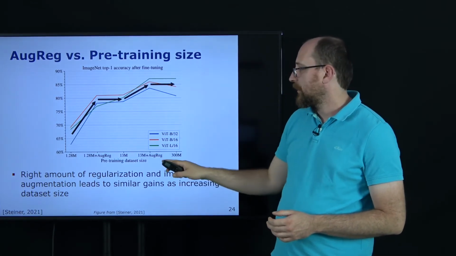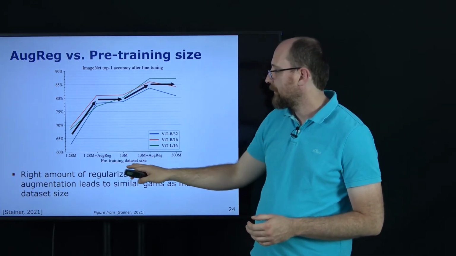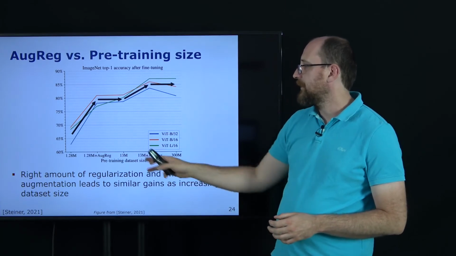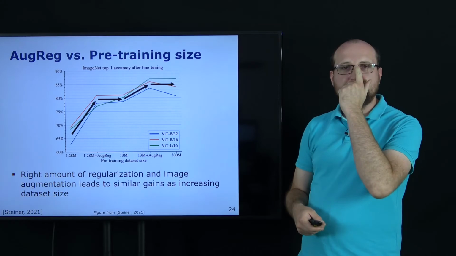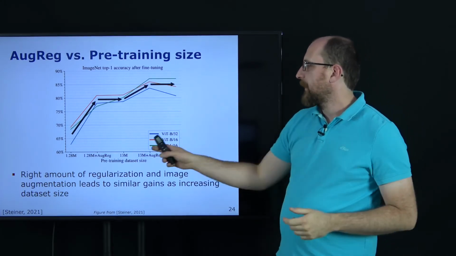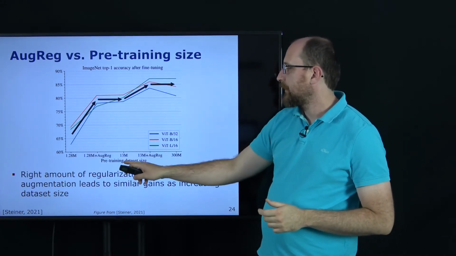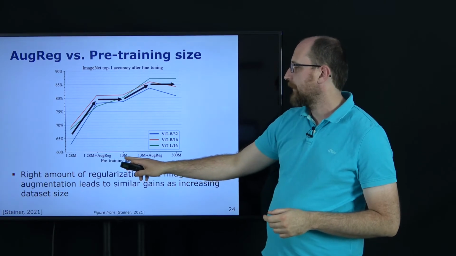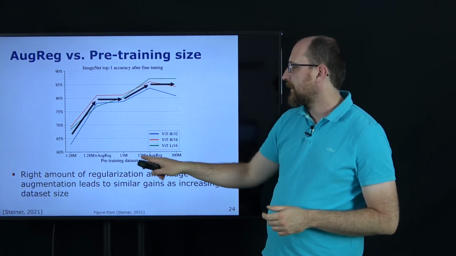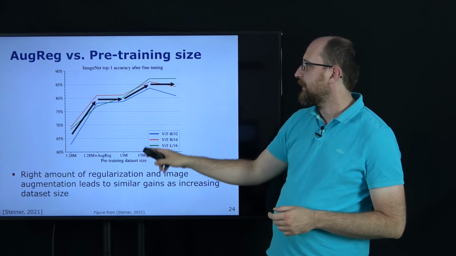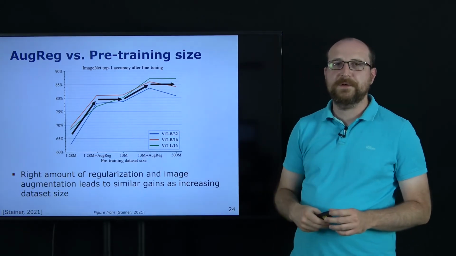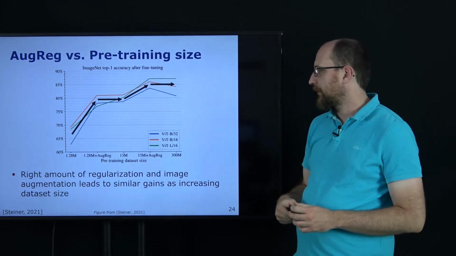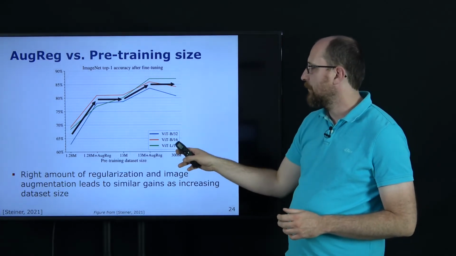And this, of course, is very promising, because we can maybe use the larger ImageNet data set, the so-called ImageNet 21K, this 13 million image strong data set, apply our data augmentation there, and get a similar performance as using this very, very large data set, which is not publicly available from Google.